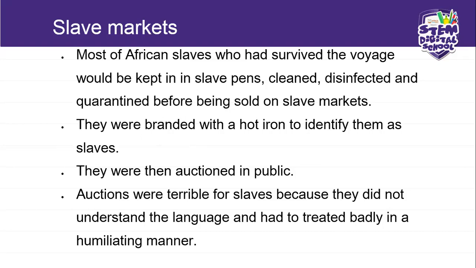They were branded with a hot iron to identify them as slaves. They were then auctioned in public. Auctions were terrible for slaves because they did not understand the language and were treated badly in a humiliating manner. So it was very bad for the slaves. They were auctioned in public and then sold.